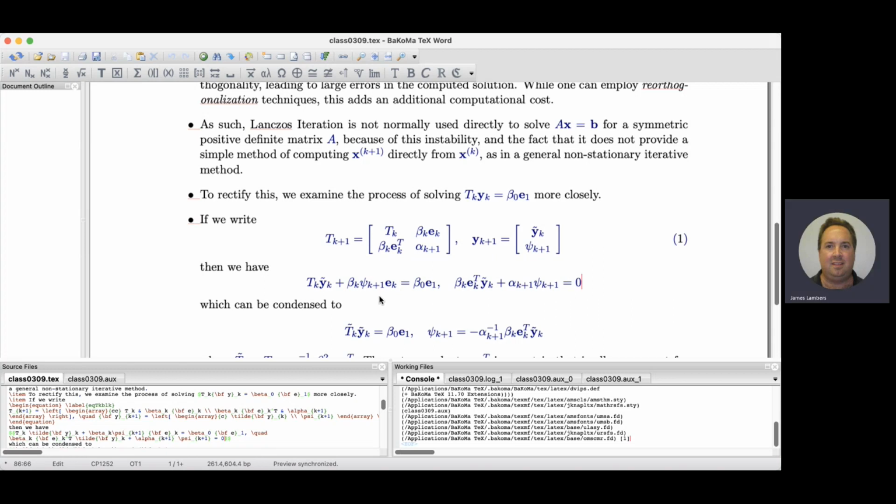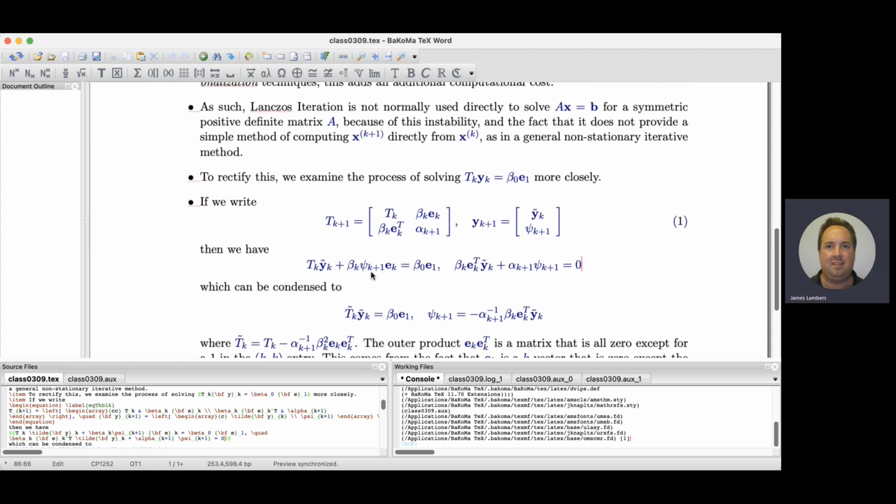So what I can do is rewrite this system of equations here, because here we have a tridiagonal matrix, and then here I have a column vector that is 0 in every entry except for the last one.